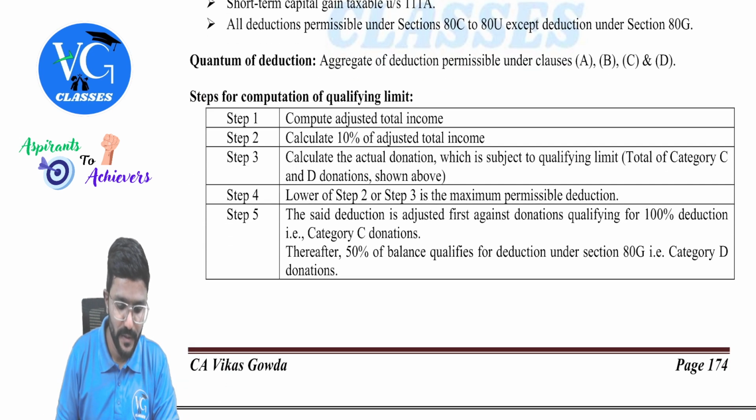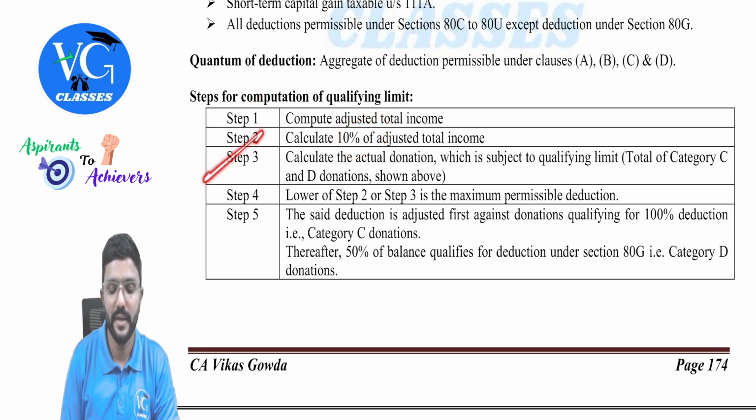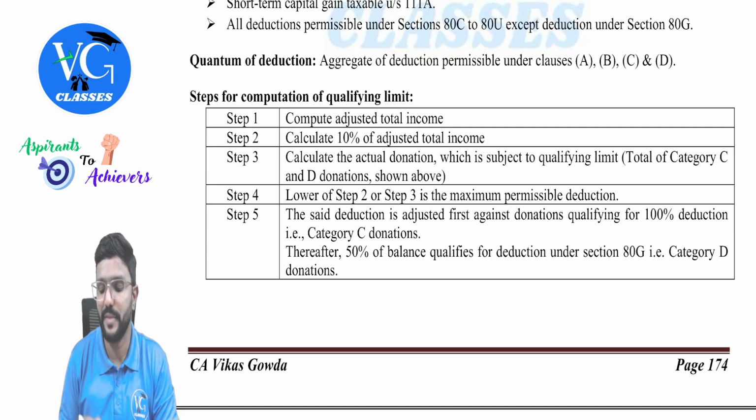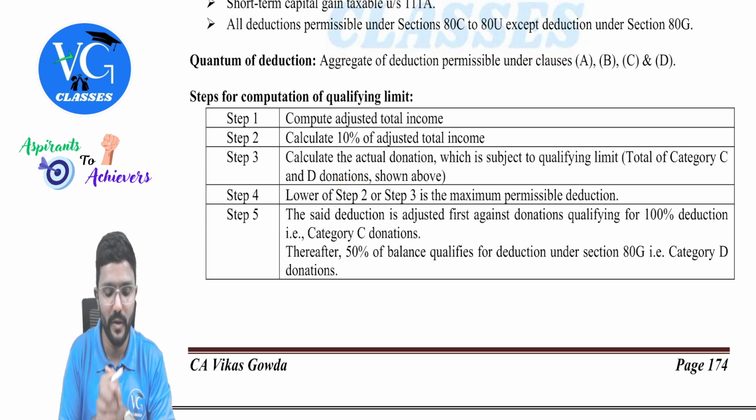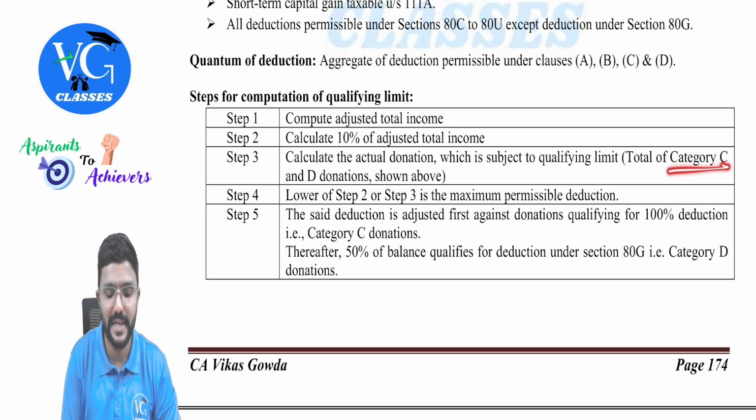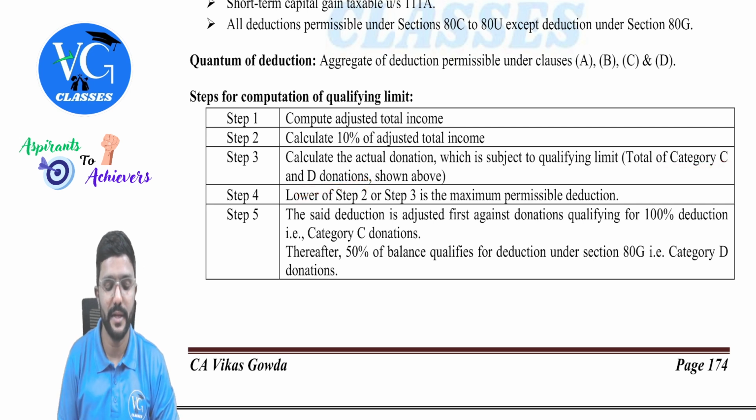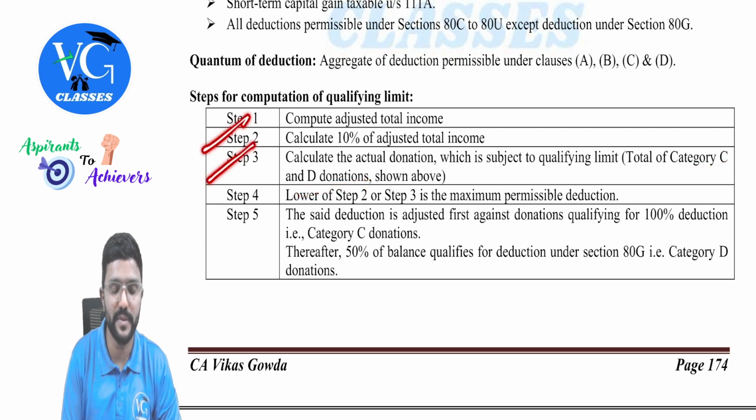Okay, fine, sir. So calculate adjusted total income, take 10% of it. Then in step 3, calculate what is the total amount of donations which is made for category C and D purpose. Add up both. Then compare step 2 with step 3.